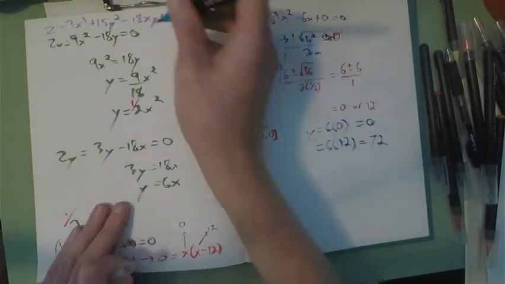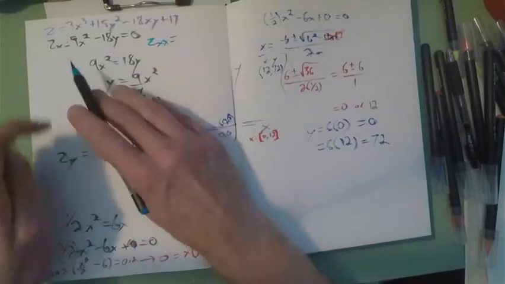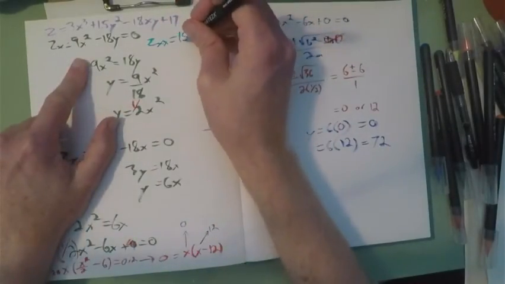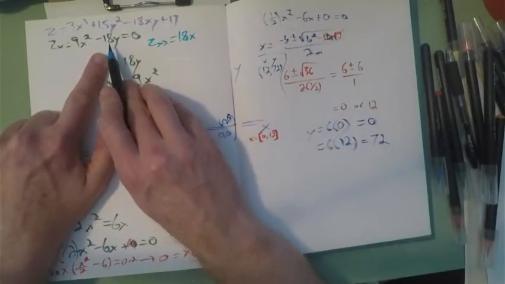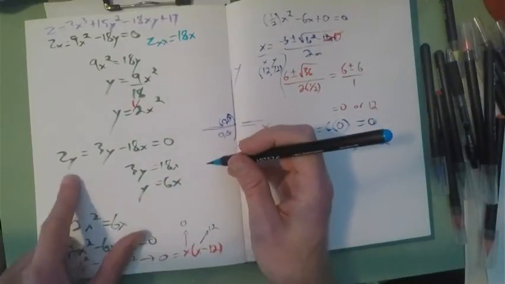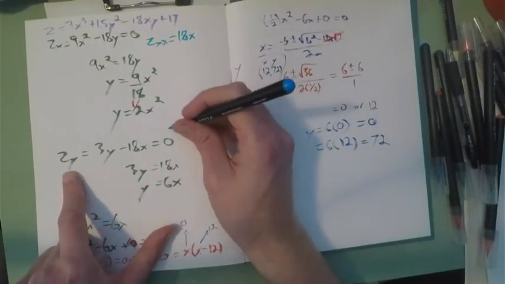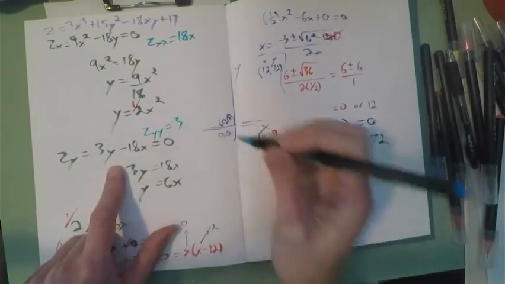So let's go ahead and do that over here. Zxx, well, this is going to be what? 18 times x. There's no x term here, so that's going to be y. Right? So 18x. And then over here, what do we get? The derivative of this with respect to y, zyy, that's just positive 3.